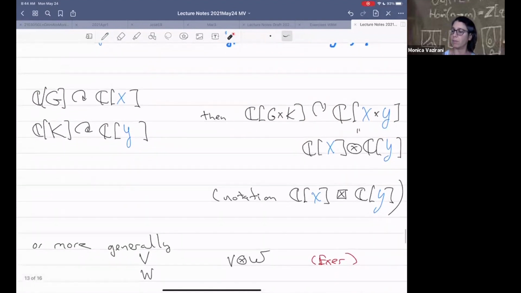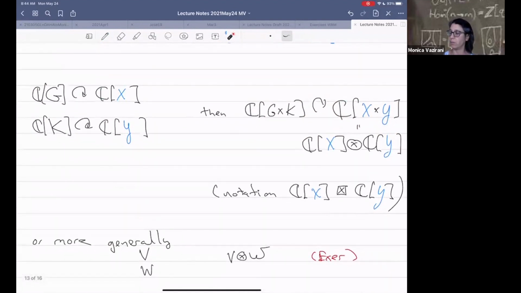And again, we can generalize this to not just vector spaces that arise from sets, not just permutation representations, but any representation. And just to warn you about my notation, when I glue together two vector spaces that came from two different actions, I often use the square tensor product instead of the round one. It's kind of an outer tensor for me.